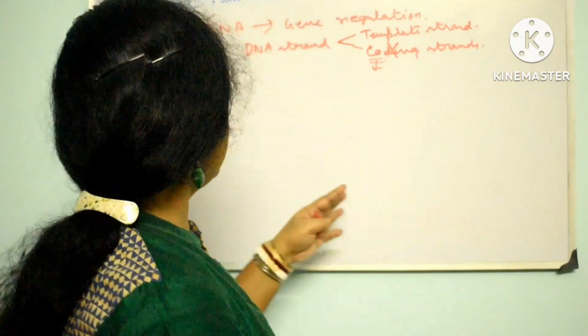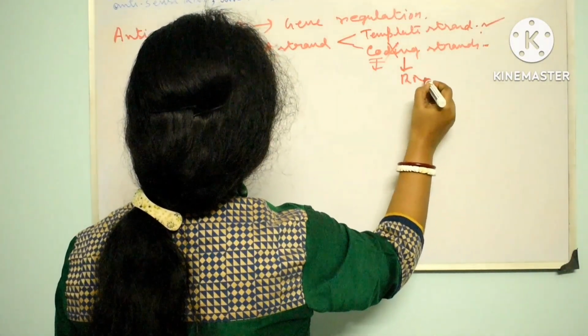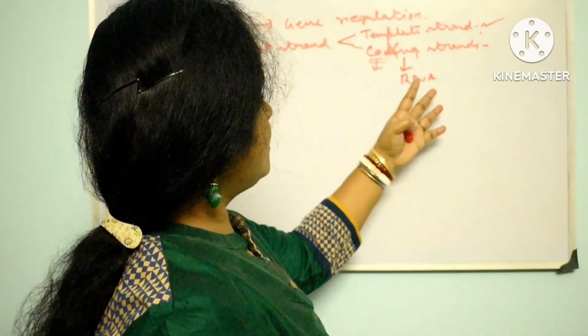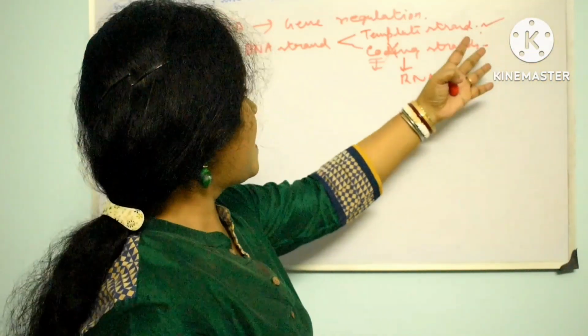So sometimes it is possible for the DNA strand... Normally the template strand is transcribed into mRNA, but sometimes the other strand, the coding strand, is copied into RNA. Not all the time. The mRNA is always transcribed from the template strand of the DNA duplex.